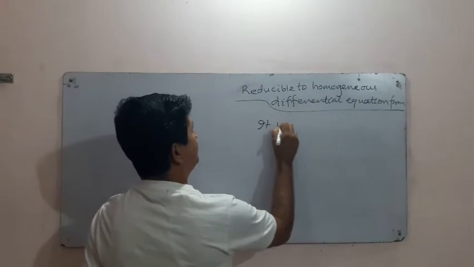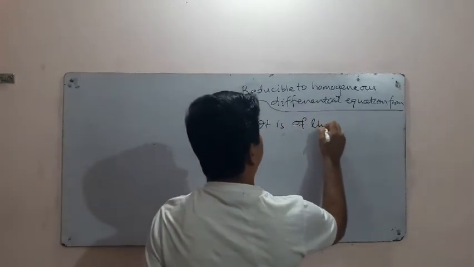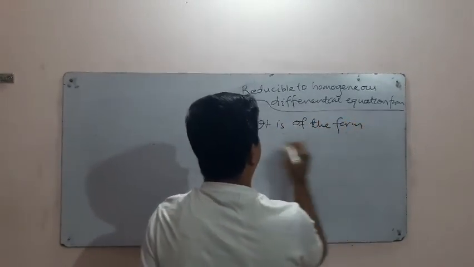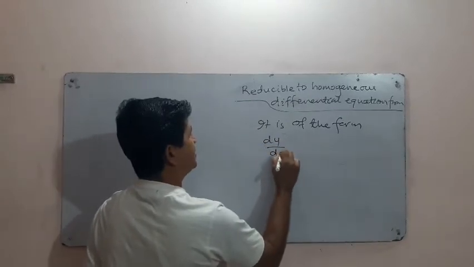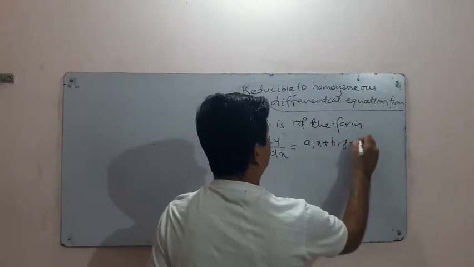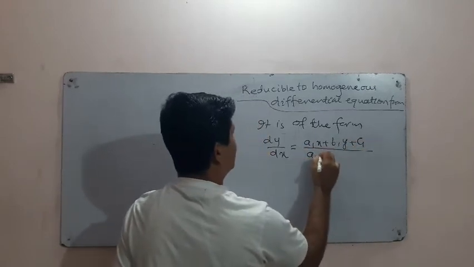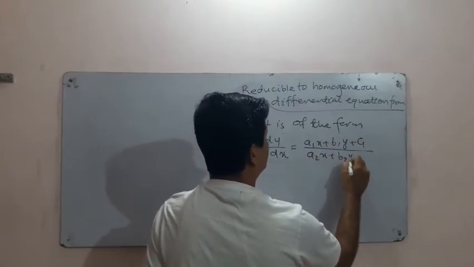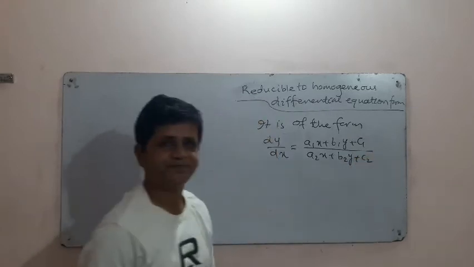It is of the form dy by dx equal to a1x plus b1y plus c1 divided by a2x plus b2y plus c2.